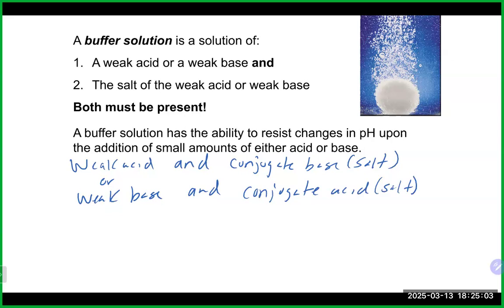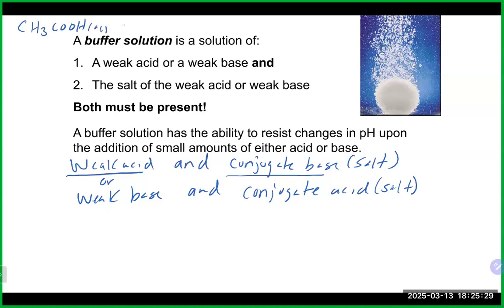So to sort of answer your question to start with, which is why are they common ion type problems? They're common ion problems because this combination here will create that common ion effect, because you have a weak acid like we had, for example, with our acetic acid.